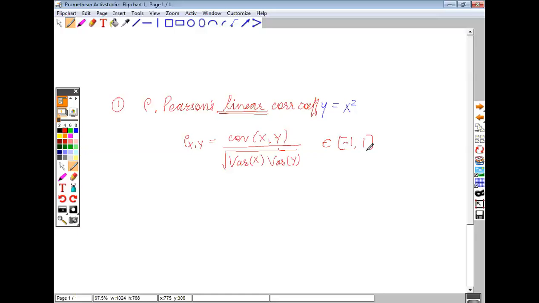Let us start with 0. If I say my rho is 0, what does it mean? There is no correlation between x and y. Okay, so there is no linear correlation between x and y. Now if my rho is 1, then what does it mean? Positive correlation, exactly.